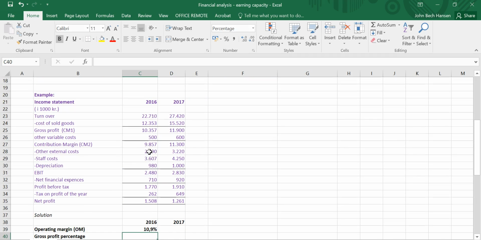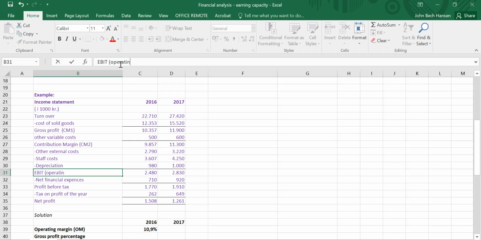And I have already baptized, so to speak, these cells down here as percentage. So they automatically multiply by 100 and name the cell as a percentage. And here, earning before interest and tax, I think I'll just put in here that it's operating profit.